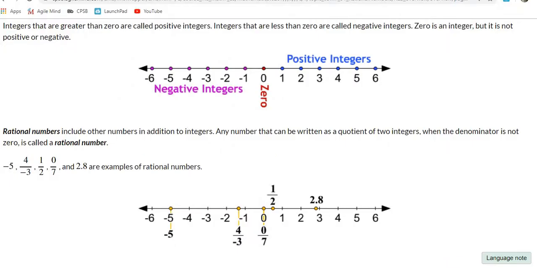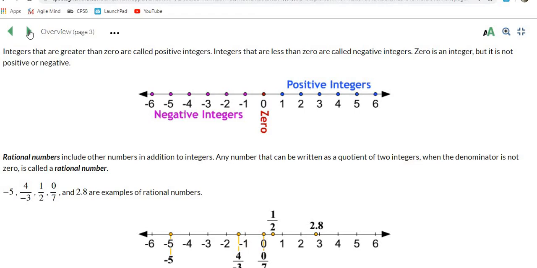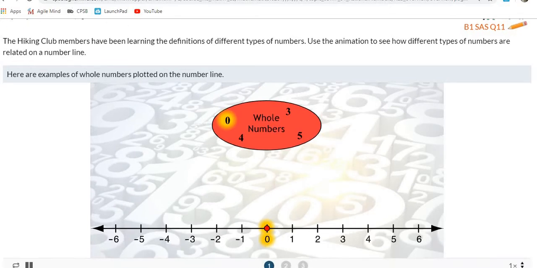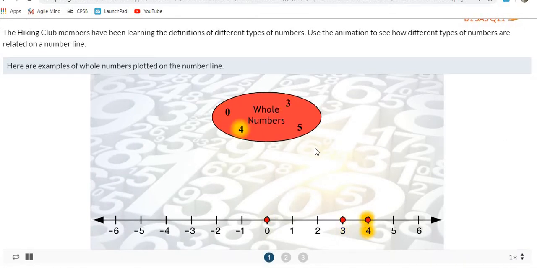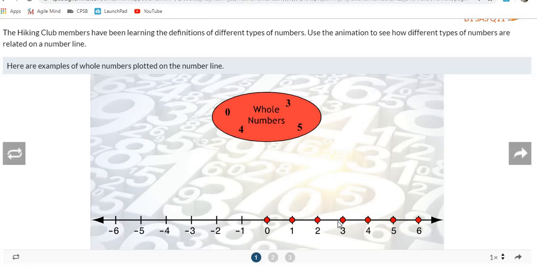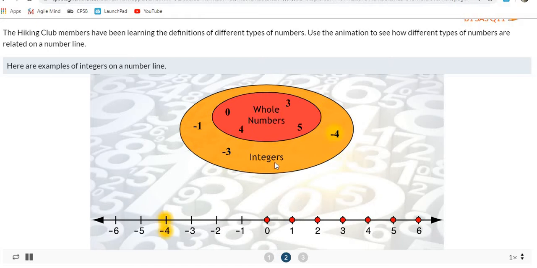All right, we're going to take a look at slides here. So if we're looking at whole numbers, they picked these random whole numbers, 0, 3, 4, and 5, and they picked 1, 2, 3, 4, 5, and 6. It looks like they added 2. All of those are examples of whole numbers. Okay, well, I can add to that integers is -1, -3, -4, but it's also all whole numbers.